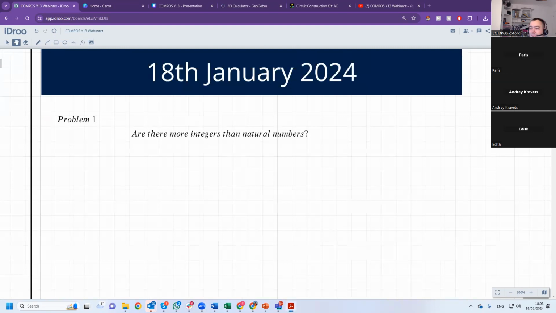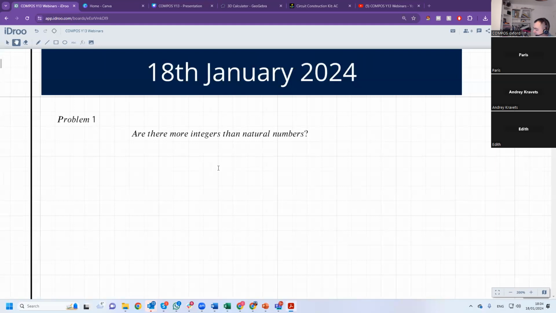I wonder if everyone knows the answer to that question. Are there more integers than natural numbers? I hope everyone understands what an integer is and what a natural number is.